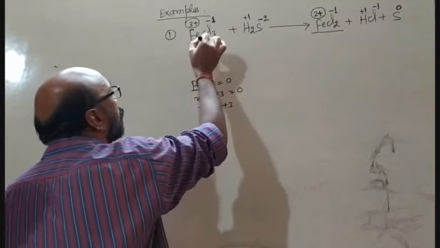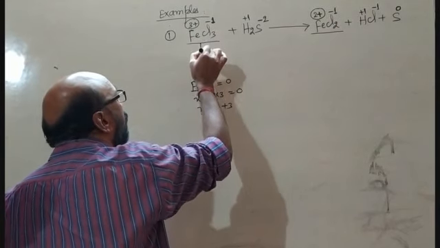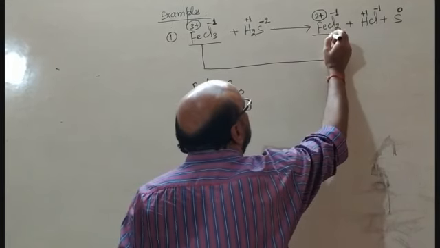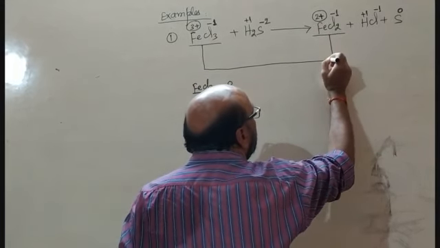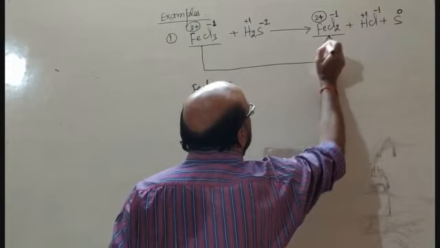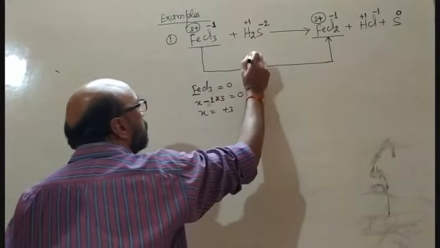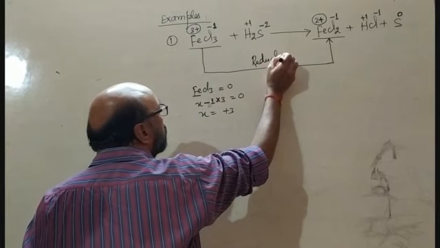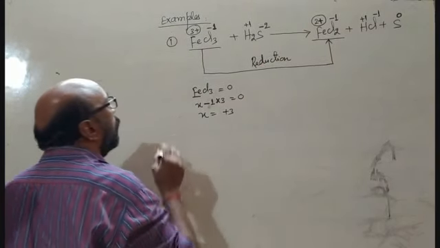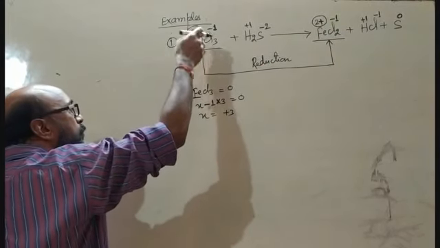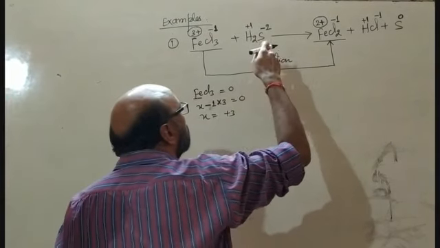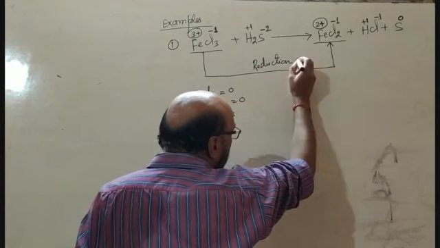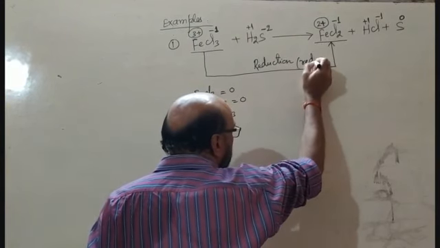It means the oxidation state of iron is decreased. The decrease in oxidation state is called reduction. The process is called reduction, or we can say ferric chloride reduced to form ferrous chloride.